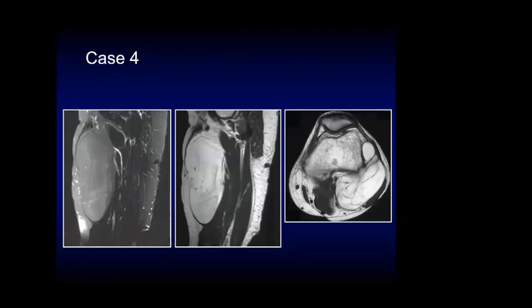Multiple sagittal and axial section MRI, T1 and T2 fat sat, show a well-defined lesion that is high intensity in T1, located at the lateral aspect of the knee joint, at the posterior compartment of the lower... I think it is in the leg, posterior upper leg, with some displacement of the muscle, no local invasion.